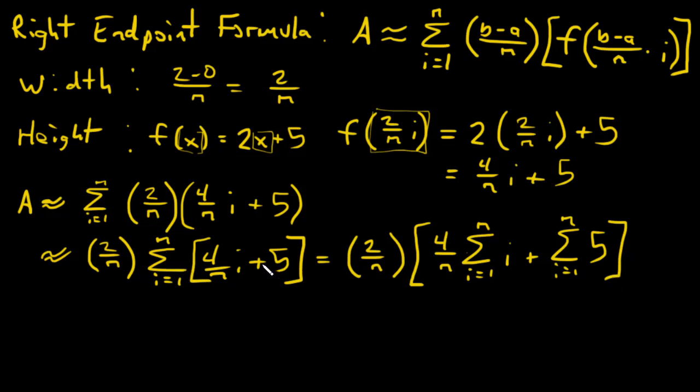So what I did is I broke it into two separate summations, and I moved the 4 over n, which it can see as a constant, on the outside. Now by doing that, I can use my formulas. I know what the summation from 1 to n of i is equal to, and I know how to evaluate the summation of a constant.